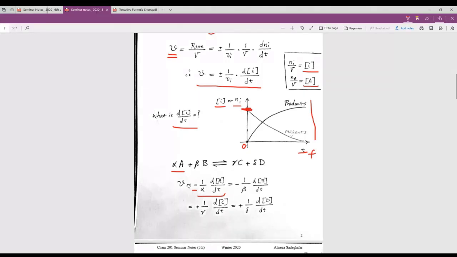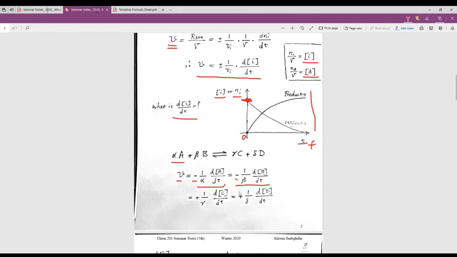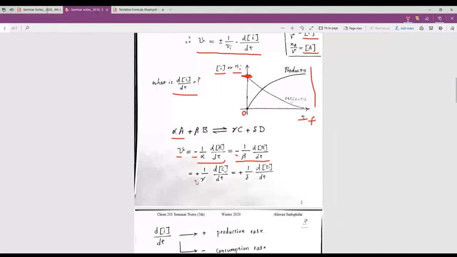We can write the exact same thing, the general rate for this reaction, but in terms of the change in the concentration of B. So it's similar: again, negative sign, 1 over beta, d[B] over dt. What about the products? For the products, we should use a positive sign, for example, for C and D. What I'm emphasizing here is that you can write down the general rate for the reaction.